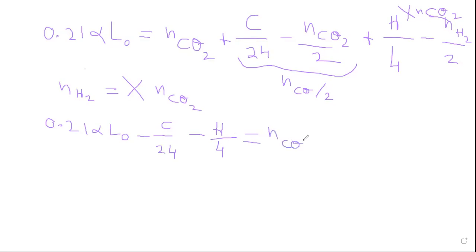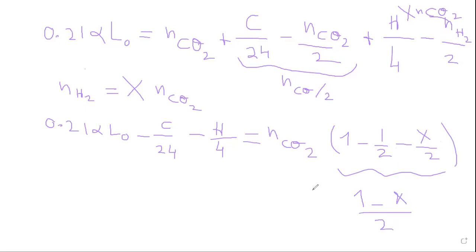So I have 1 minus 1 over 2 minus X over 2, which is equal to 1 minus X over 2.